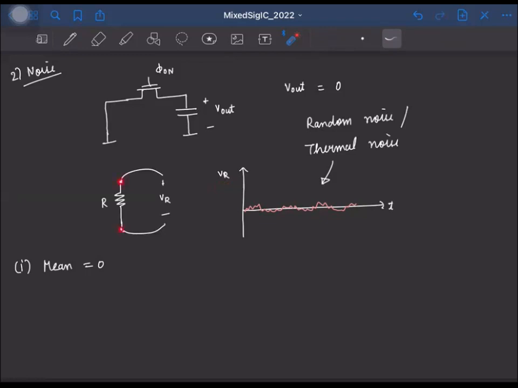Well, you can take the resistor, and if you just measure the voltage across it, it's a non-zero DC voltage. So I can hook up a resistor and use it as a power supply, or put multiple resistors in series and use it as a power supply. But of course, that is not possible, that doesn't happen. So the mean must be equal to 0.